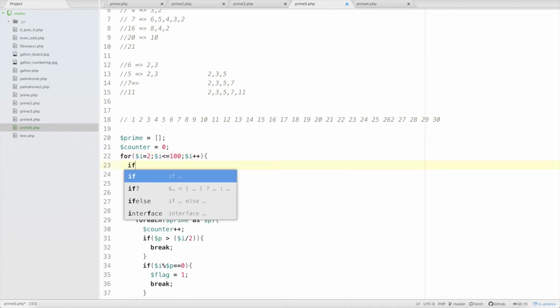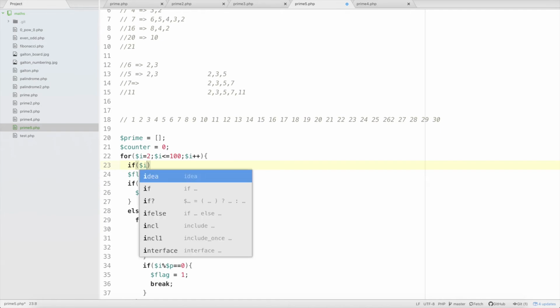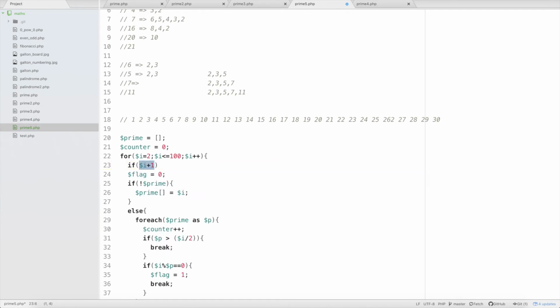Because for a number to be prime, it should always be one less or one more than a multiple of 6. So I just want to introduce one new logic over here on the top of the loop: if $I plus 1 modulus of 6 is 0, or $I minus 1 modulus of 6 is equal to 0, only in that case I want to move down, otherwise I don't.